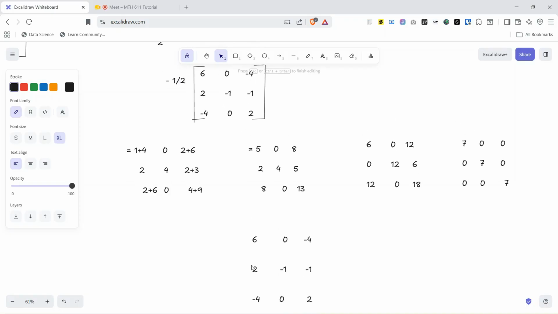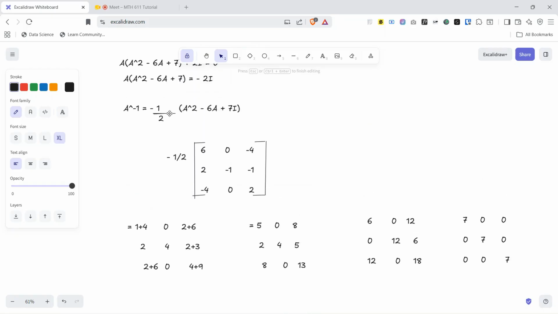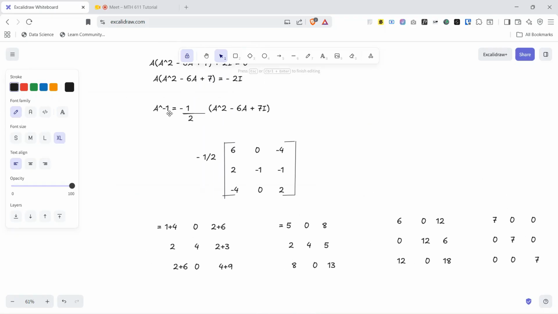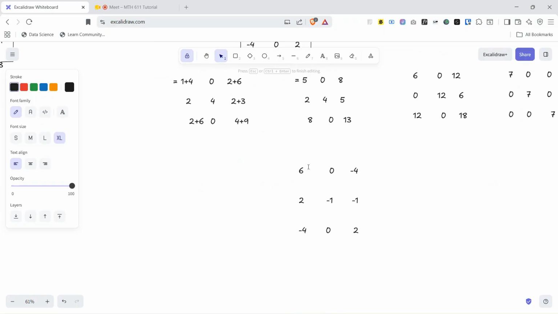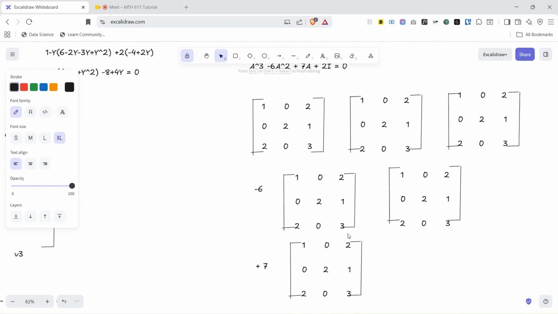So that is how I arrived at this, and we already have the determinant. That is how I arrived at this 6, 0, minus 4; 2, minus 1, minus 1; 4, 0, 0. So it's something similar you do for this.